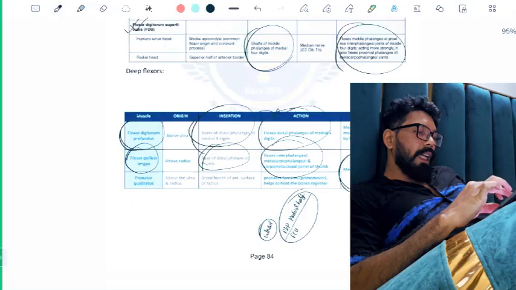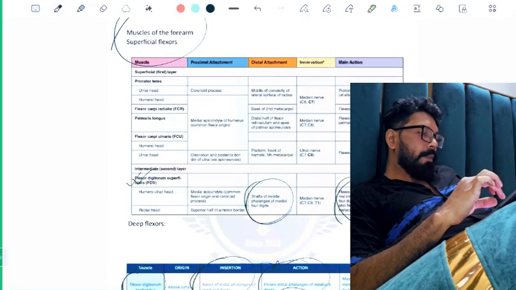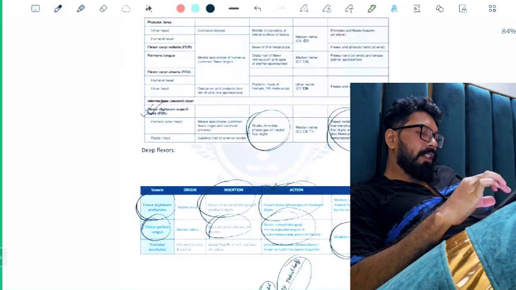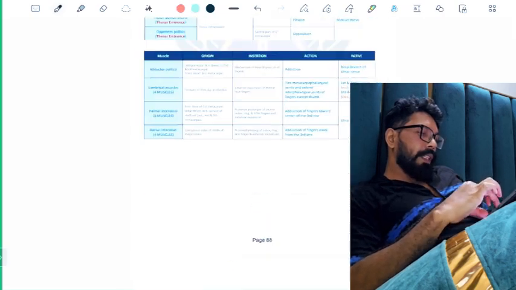When I talk about the injury, we'll be very clear about it. Then you have the anterior interosseous nerve. I will show you later on.